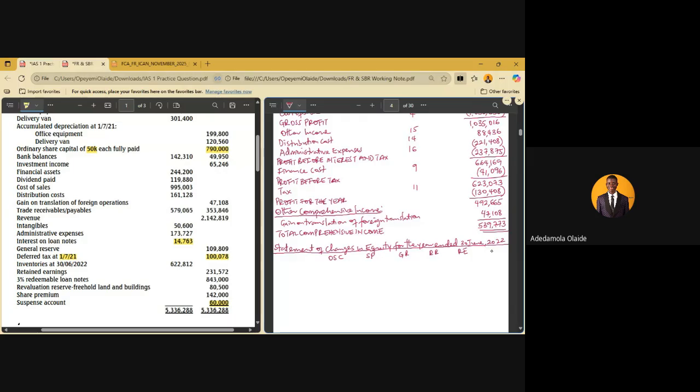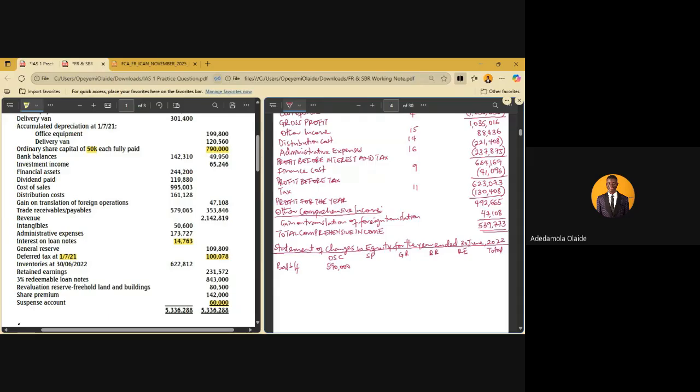and total. So we start with the balance brought forward. What I would have done here is to make the balance brought forward 590,000.